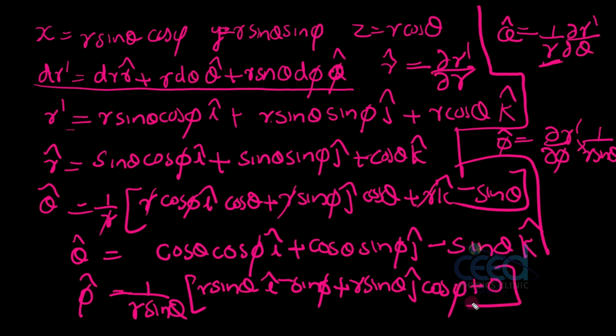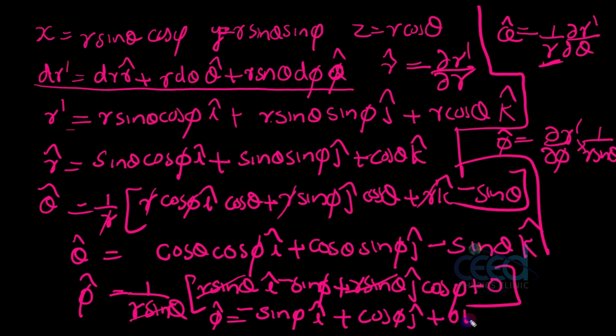So finally I can cancel r sin θ, and the remaining is minus sin φ î plus cos φ ĵ and 0 k̂. So this is our φ̂.